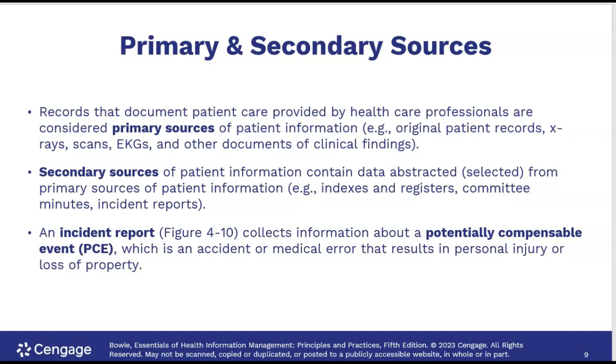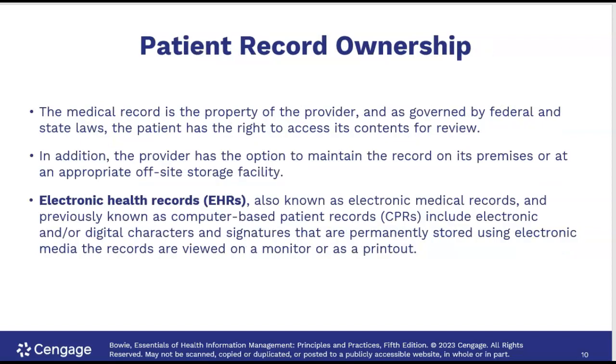At that point, an incident report needs to be filled out that you fell. Same thing, let's say you are working, not health related, and it's winter time and you're in the parking lot and you slip on some ice and you break your ankle, this also would be an incident report. Okay, so there are many types of incident reports, and this basically is a secondary source for the patient record.